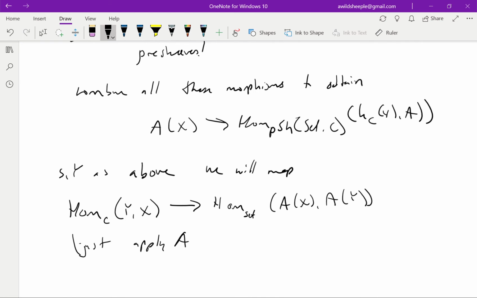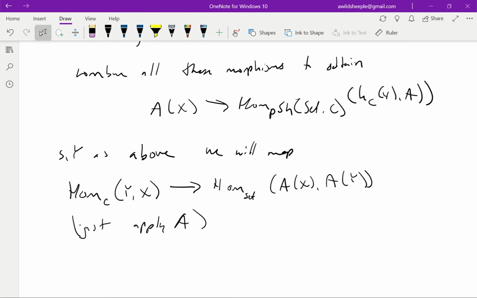But now the catch is that since S is a singleton, picking out S actually gives us A of Y.